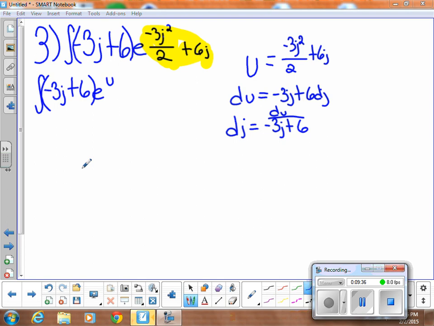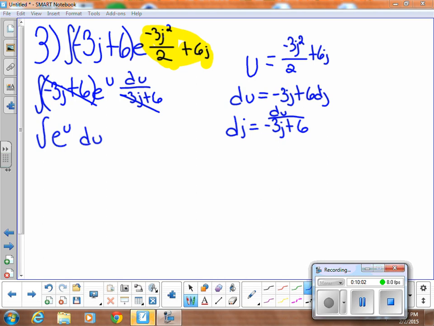Okay, so after we've substituted, now we can see what will cancel out. So here your negative 3j plus 6's cancel out. So we're left with the integration of e to the u du.